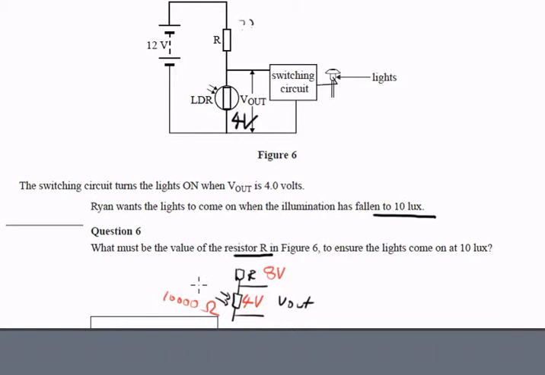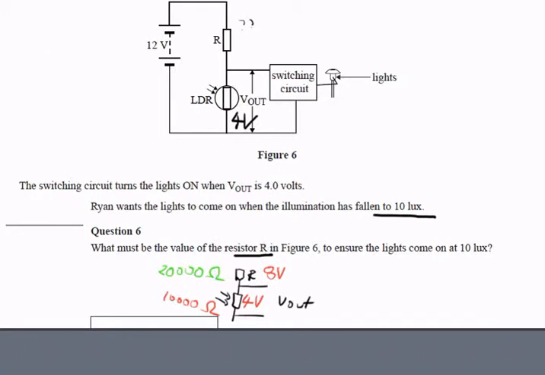10,000 ohms. Now the answer to this is really quite easy now. The same ratio here, 4 to 8, is the same as the ratio here, 10,000 to 20,000. Okay, 4 double is 8, 10,000 double is 20,000.